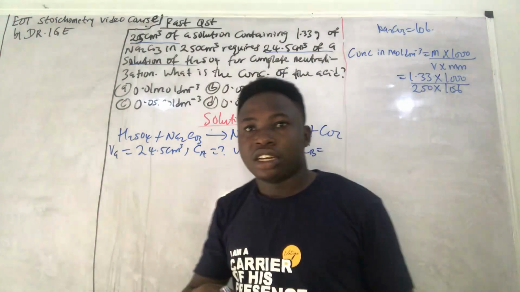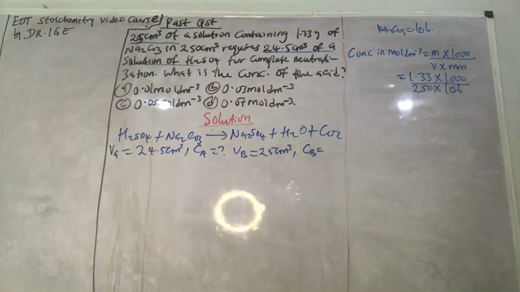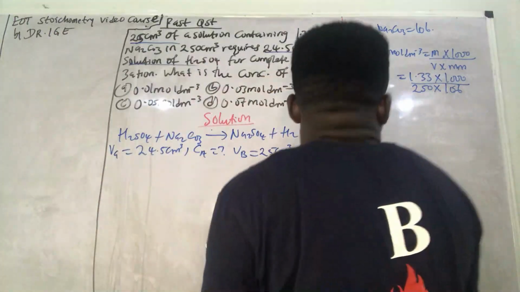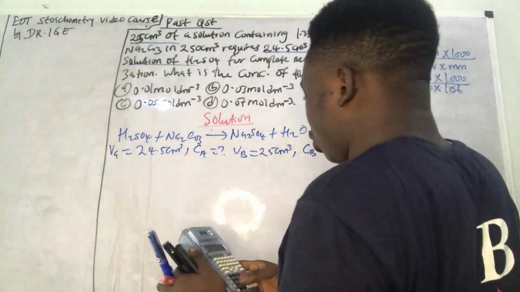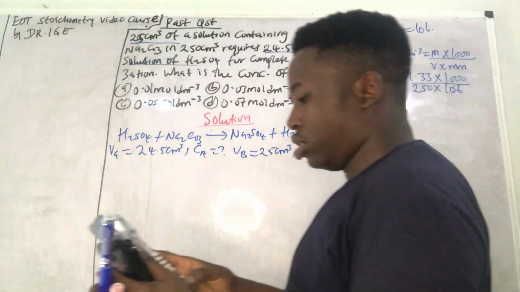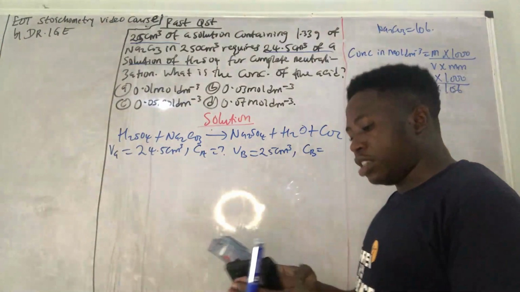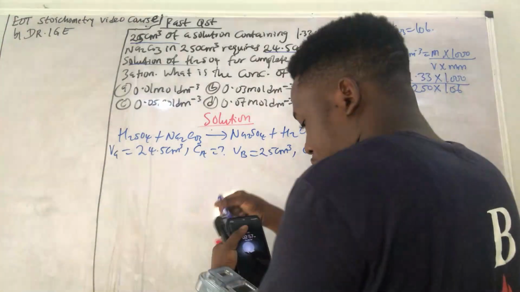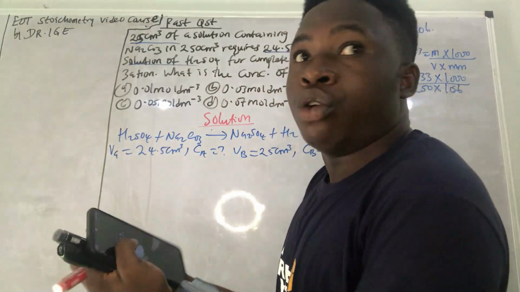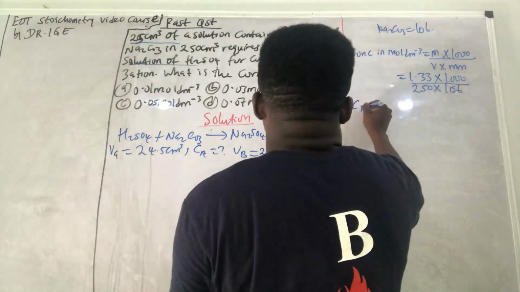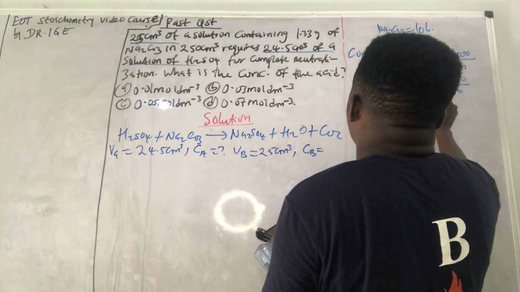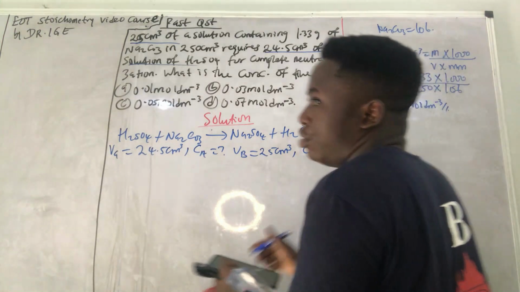Please give me a minute, let me get a calculator. So 1.33 times 1000 is 1,330, divided by 250 times 106. We have that the concentration of the base is 0.05 mole per dm cube.